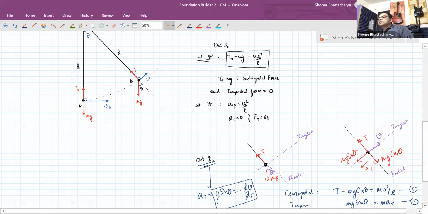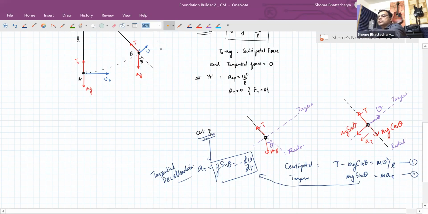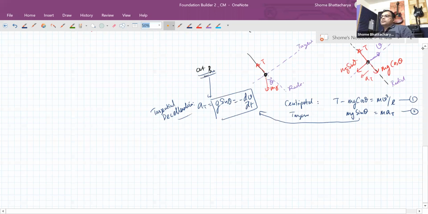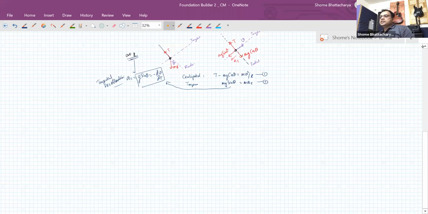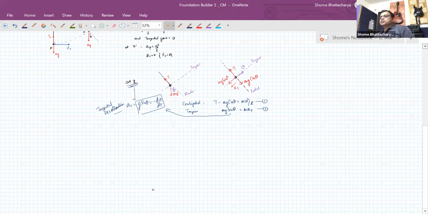From this equation, you can see there is a tangential deceleration, which is provided by gravity. And that is why the particle speed is slowing down as it is going up. Because of this continuous tangential deceleration provided by the sine component of weight, the particle slows down.